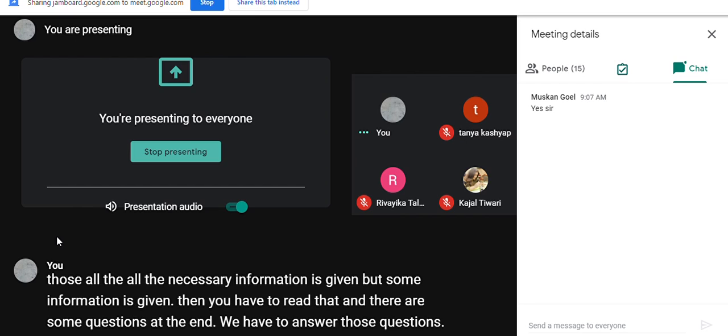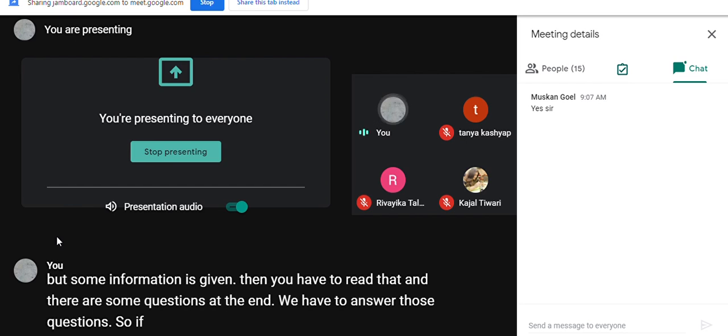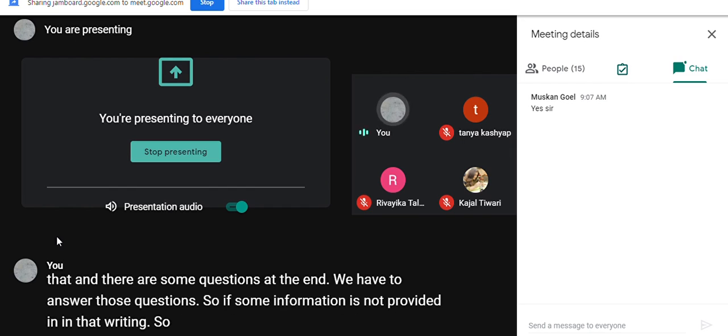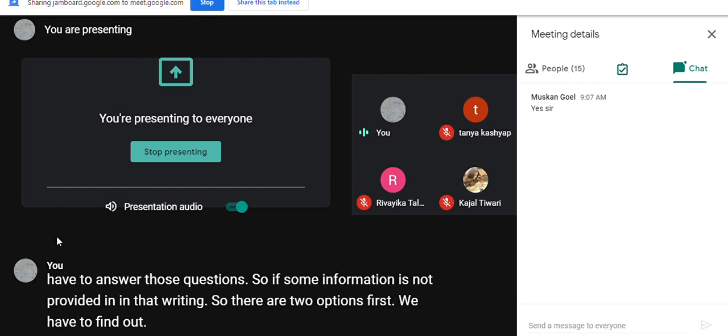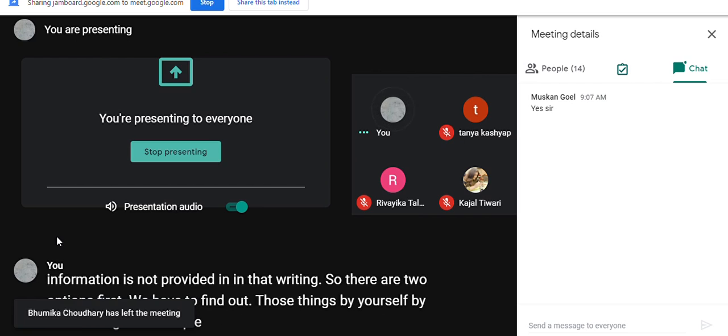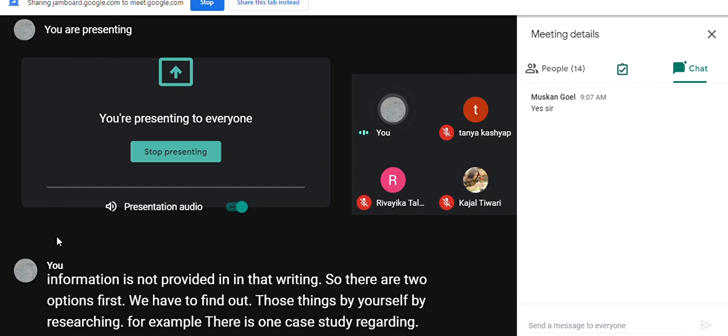So if some information is not provided in that writing, there are two options. First, you have to find out those things by yourself by researching. For example, there is one case study regarding sales of FMCG products.